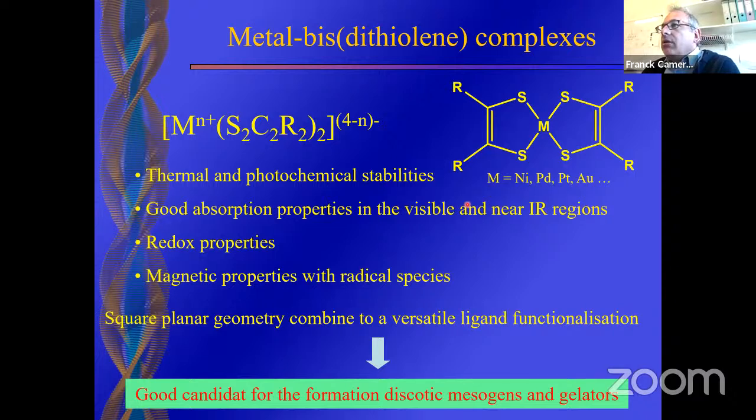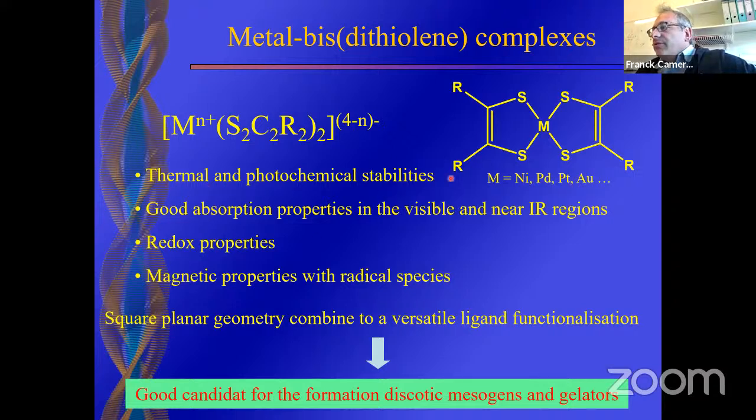This was quite old work, but now I'm working on another class of metal complexes, which are called metal bis-dithiolene complexes. I'm particularly interested in these complexes because they are quite easy to make: you have a metal coordinated by four sulfurs, and you have two dithiolene ligands.